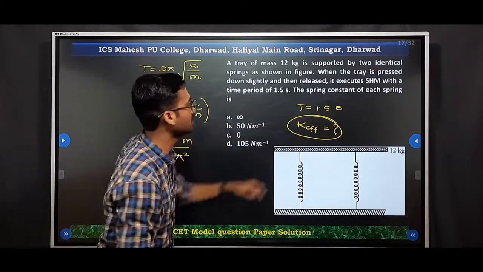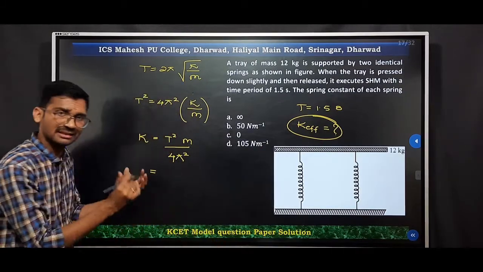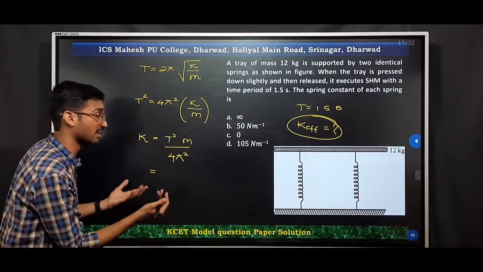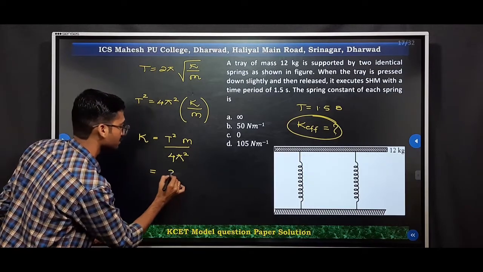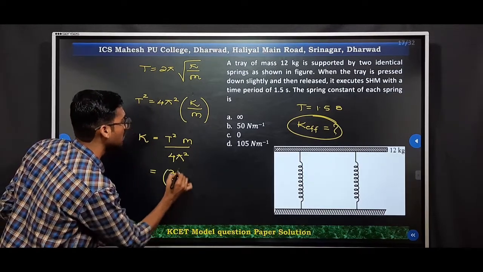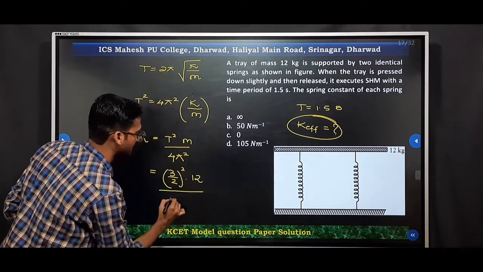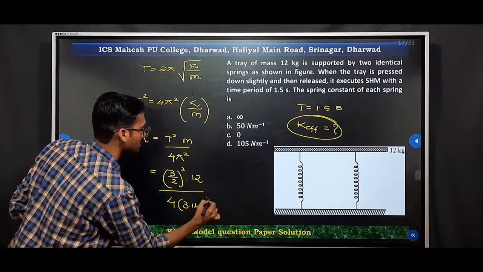Time is how much here? 1.5. 1.5 means you can write 3 divided by 2, that is, 3 divided by 2 whole square. Mass is how much now? 12, divided by 4 pi square, that is 3.142 whole square.